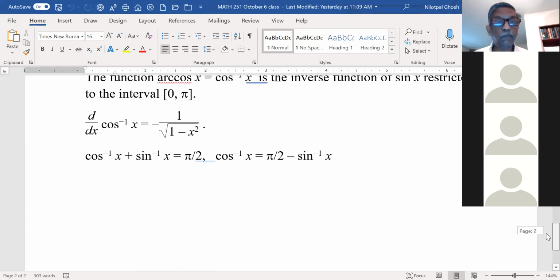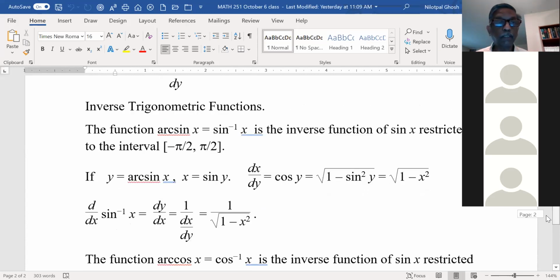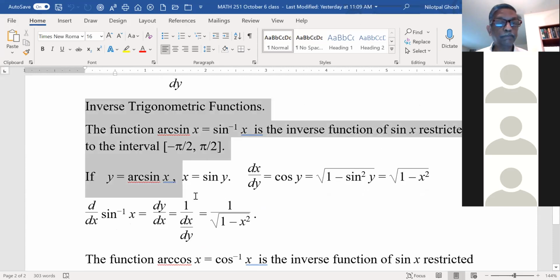So we wrote down the derivatives of... let me just, we got up to that point, right? So I'm going to copy this portion.